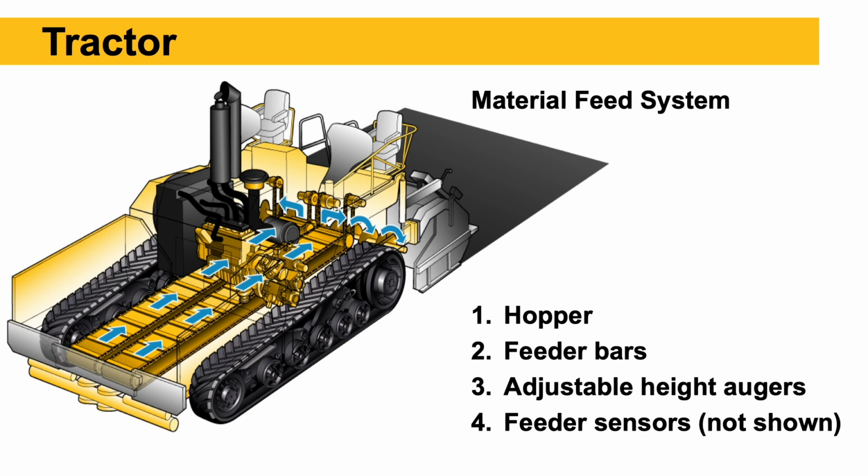It's conveyed back to the screed on conveyors that have feeder bars to move the mix, adjustable height augers back at the screed, and then feed sensors, not shown in this picture, that control the head of material, or the amount of mix, back at the screed.